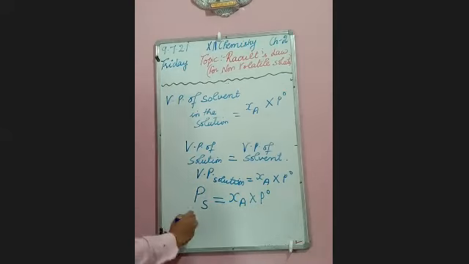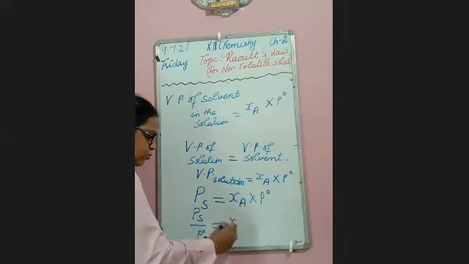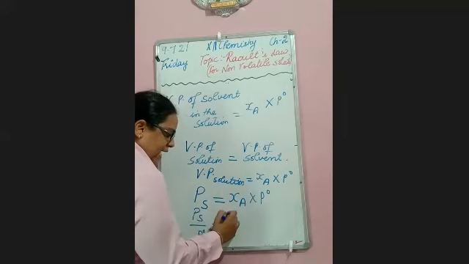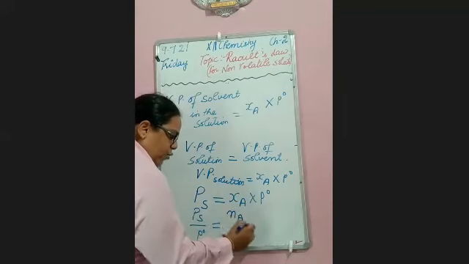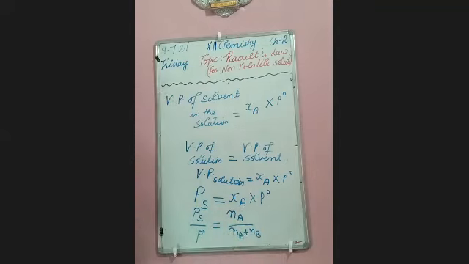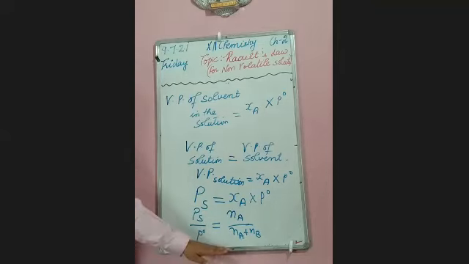Or Ps over P naught will be equal to this. Is there any doubt? This is the mole fraction of solvent. I can also write it as N1 or Na over Na plus Nb, the number of moles of solvent over total number of moles of solution.